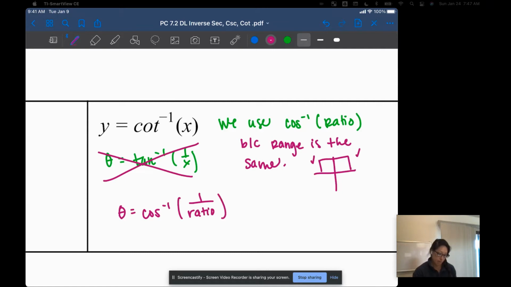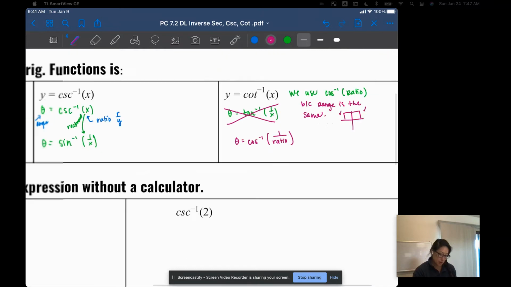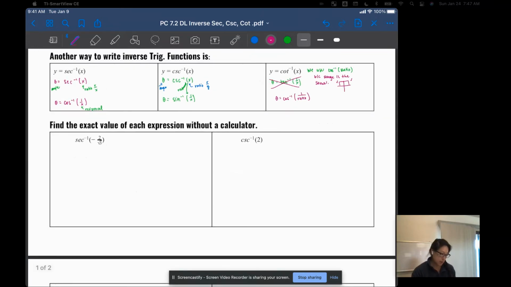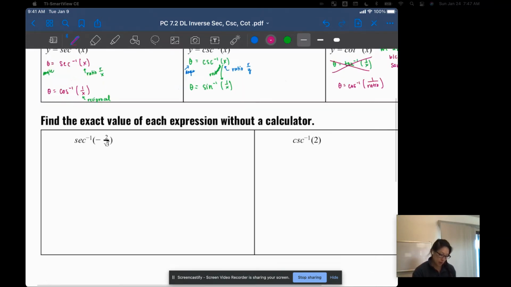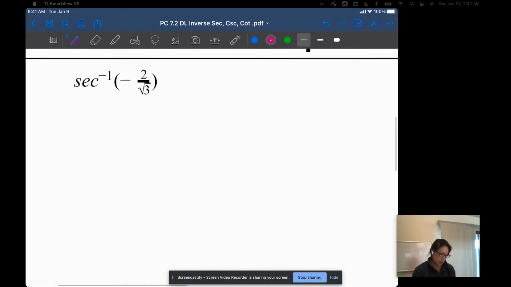All right. So let's go ahead and calculate these without using a calculator first. The first one is secant inverse of -2 over root 3. I'm going to write that this is the ratio, and I always write the side lengths: this is the r, the radius, over, since it's secant, the x length.